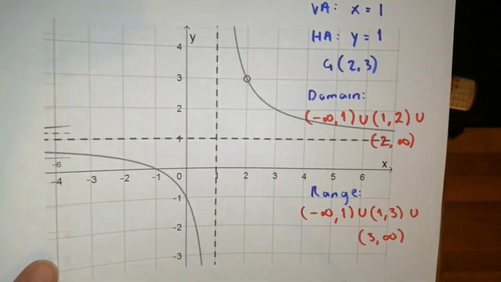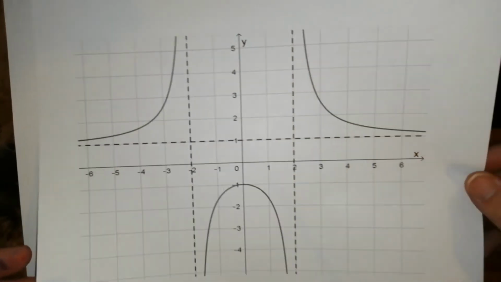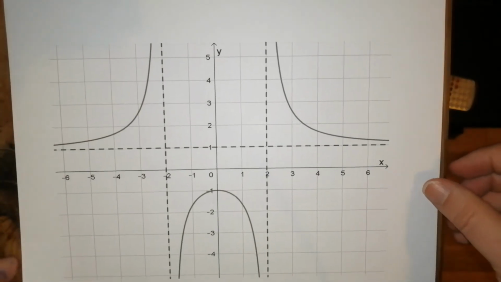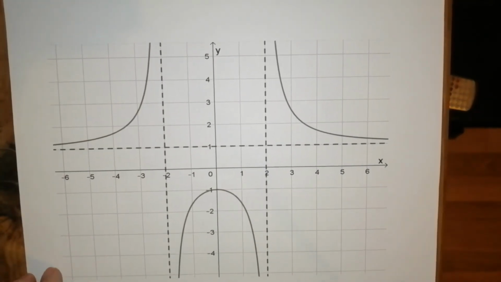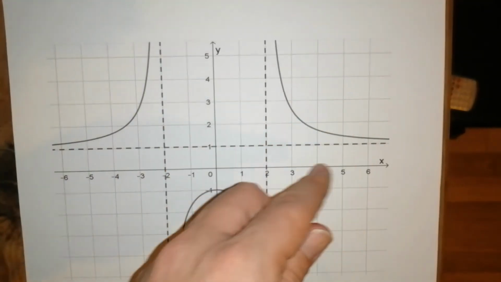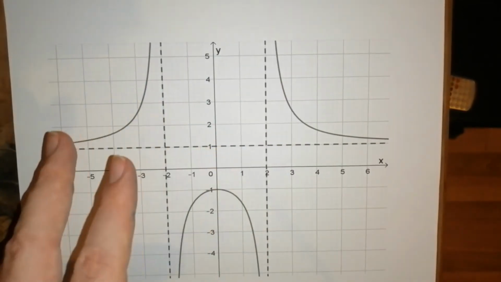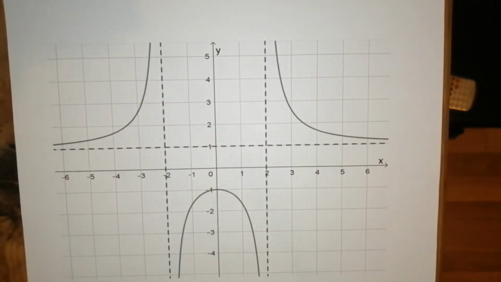Now, the second example, which is a little more complicated, is this one. You observe this graph. This is my function. Those are the asymptotes. And in this particular case, we don't have any kind of hole or empty dot. So let's find everything.